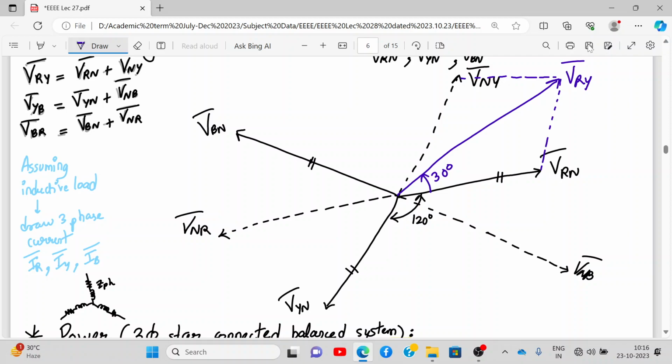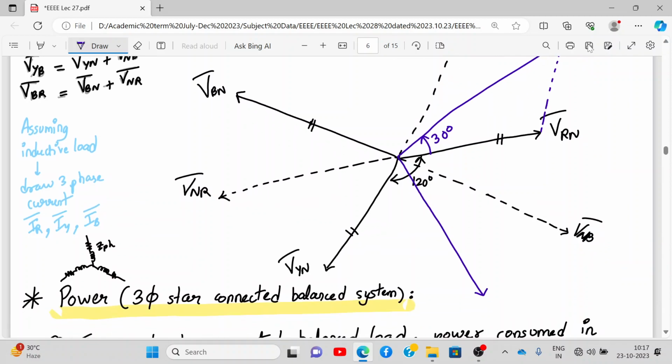Understood this? Now similarly, VYB is between VYN and VNB. So VYN is over here, VNB is over here, so it will come in the middle like this. Make it a little bit longer. If you draw by scale, it will come properly. So this is VYB.